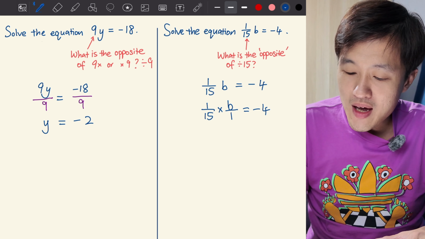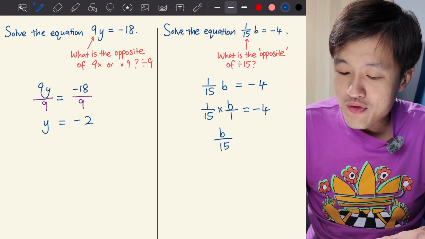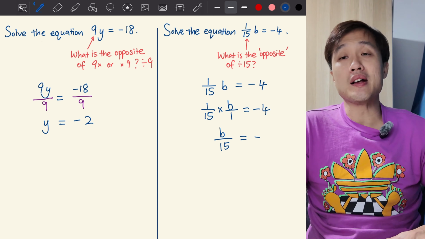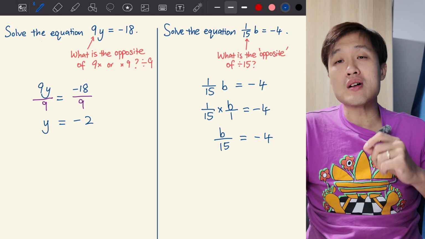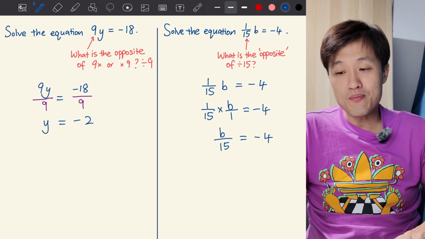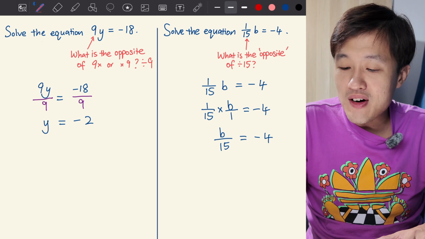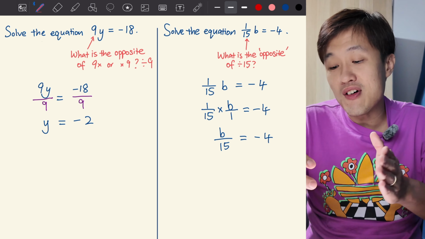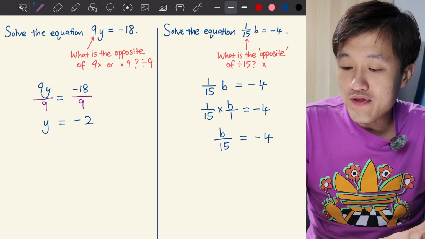So we have b divided by 15, or b over 15, equals negative 4. Next, let us consider what is the opposite of division. The opposite of division is multiplication. So the opposite of dividing by 15 would be to multiply by 15.